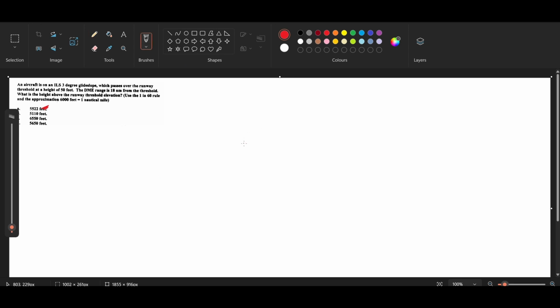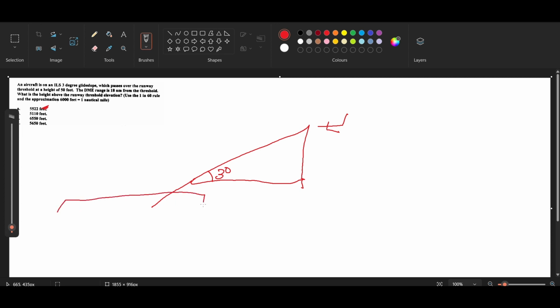First things first, we'll draw a diagram. The aircraft is on a 3-degree glide slope. The aircraft is here, and it passes over the runway threshold at a height of 50 feet. So this 3-degree glide slope is passing over a runway threshold. Let's assume a runway here.